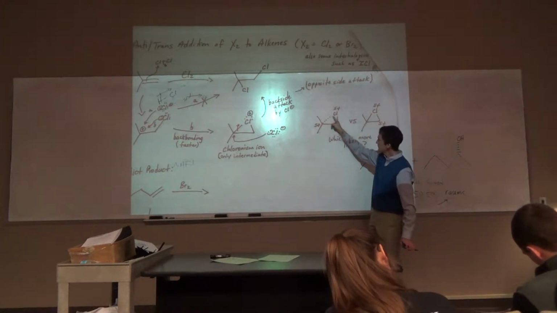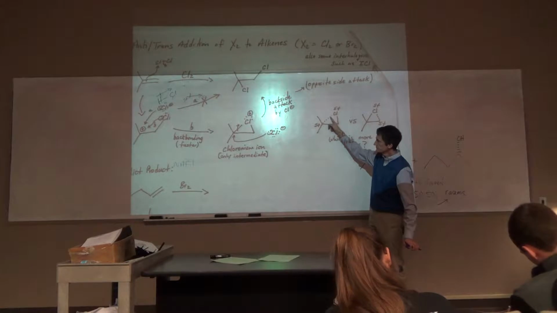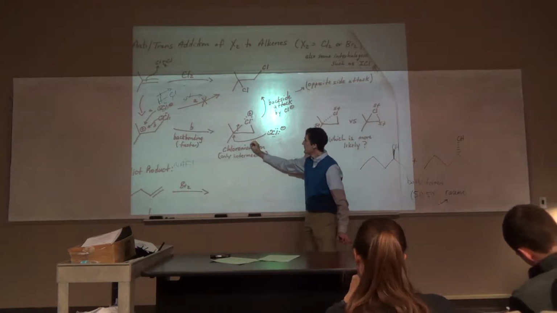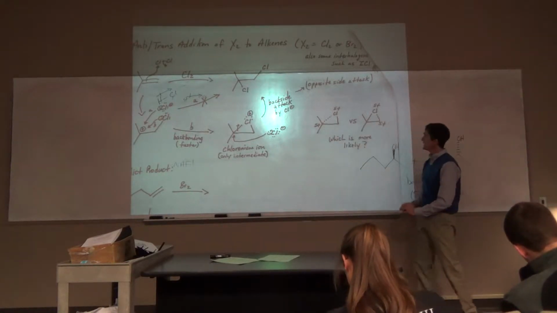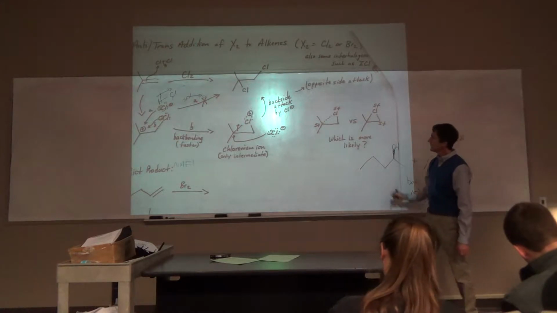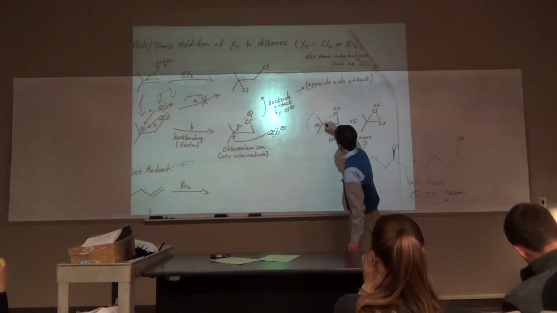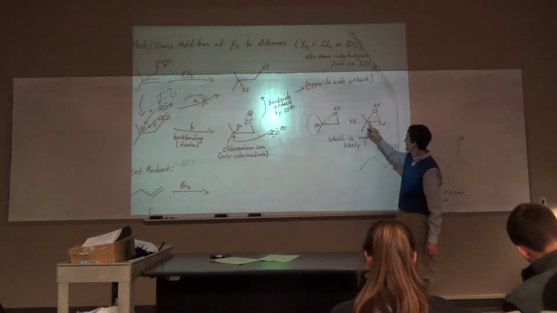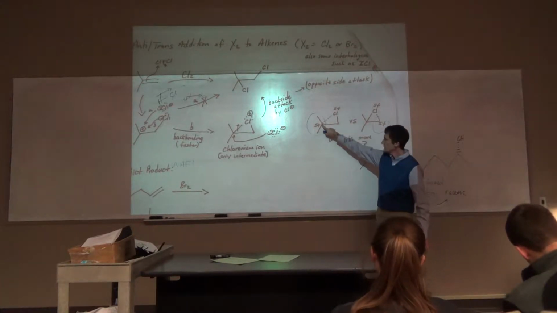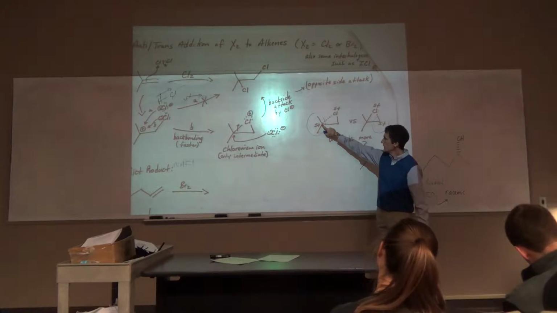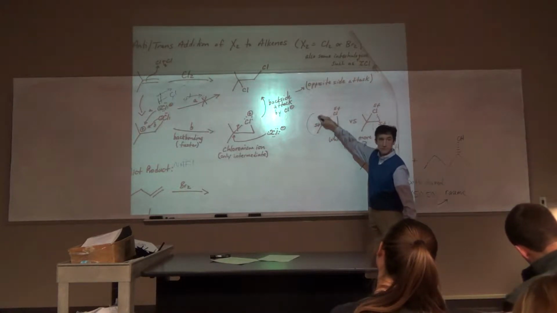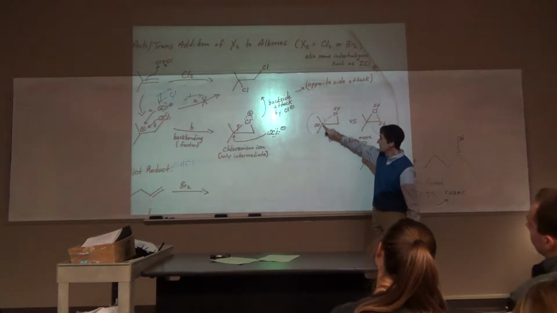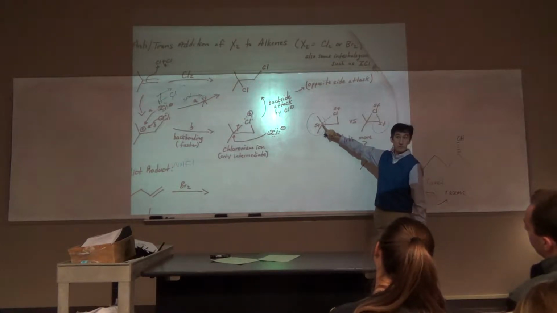This meaning like sort of a partial bond. Okay? Which is a better scenario? The answer is this one. Because it all depends on the carbon. Which carbon is more likely to be partial plus? This one, because it's more substituted. That's the same carbon that would be more likely to be just full plus.